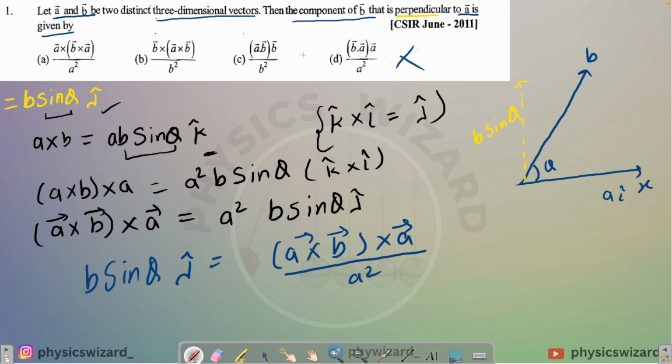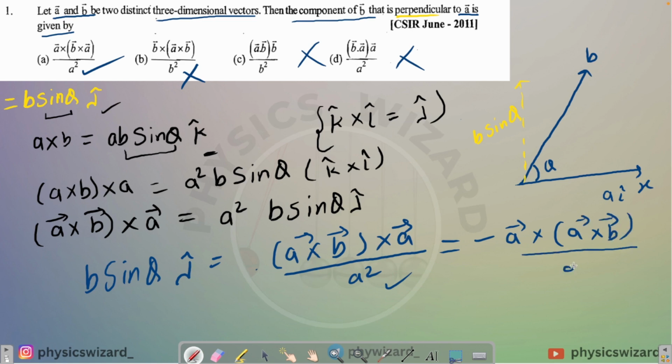Now look at the answer options. These are dot products, these are cross products. We can see that it has a denominator A square, it has B square, it is out, it is not the correct answer. We can see that the numerator is not matching. Actually these are the same. If we change A from here to this side, we get a minus sign: A cross B cross A cross B, like this, upon A square.